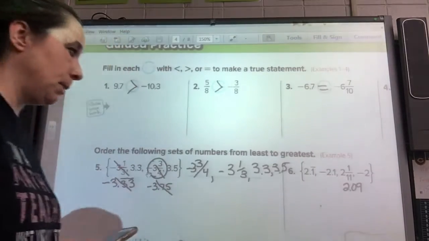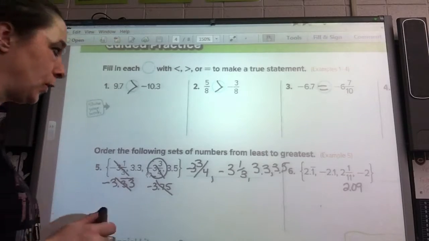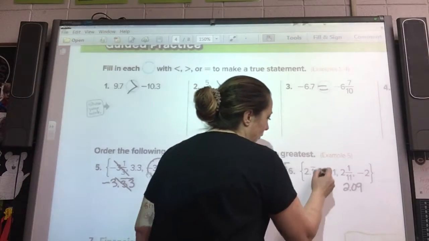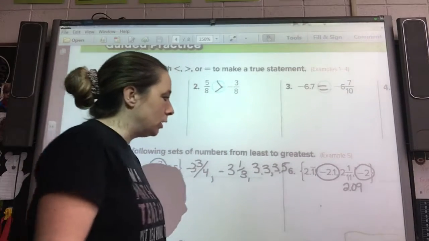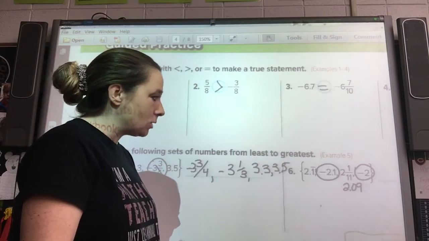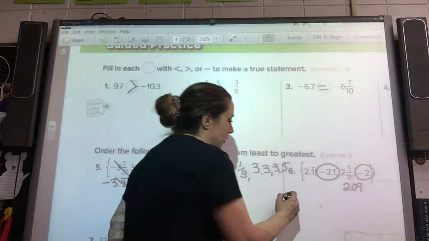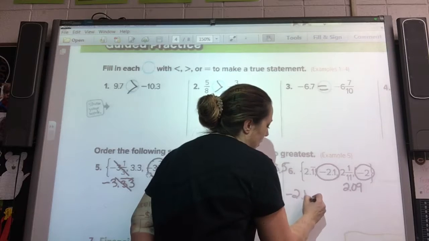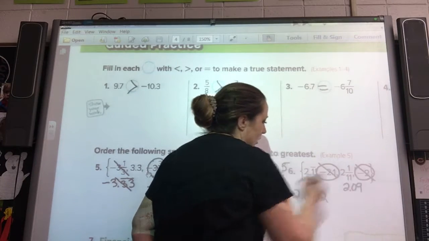So now we can compare. Least to greatest, we want owing the most first. So let's look at anything negative. We've got this one that's a negative, this one's a negative. So which one's owing the most, $2.10 or $2? Good, $2.10. So negative 2.1 is the least. Then negative 2, because you got to put your negatives first.